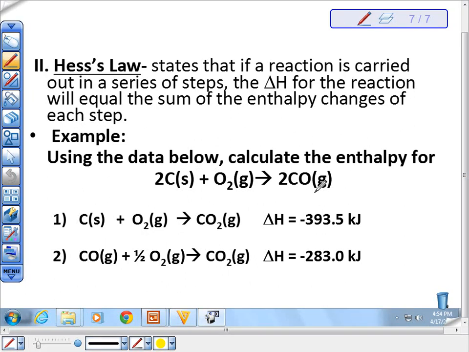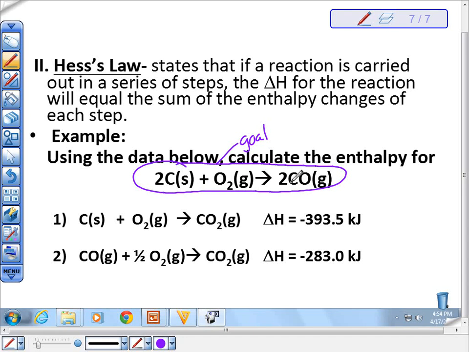So I've got to figure out a way to take these 2 equations and get them to equal the top one. So this is my goal. This is what I'm trying to get to.